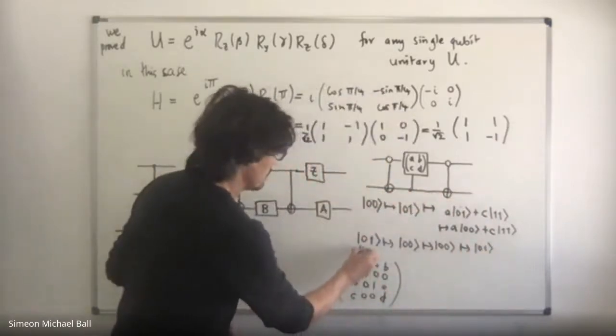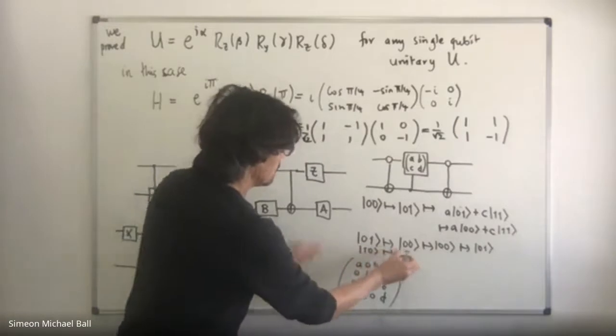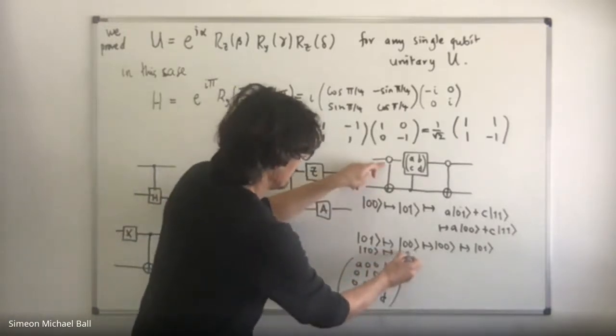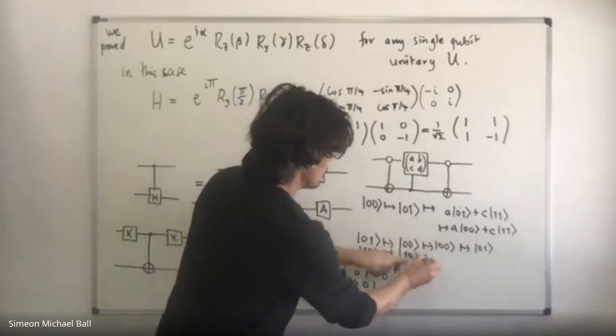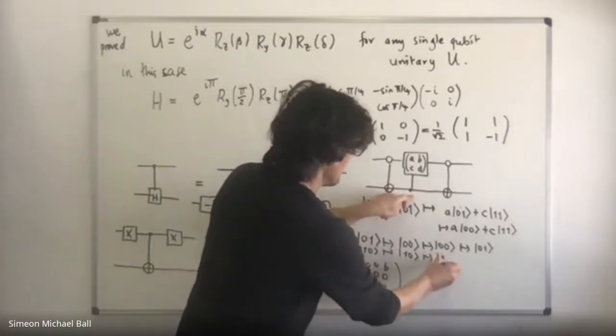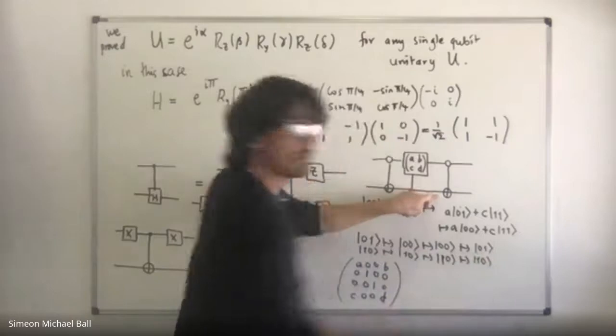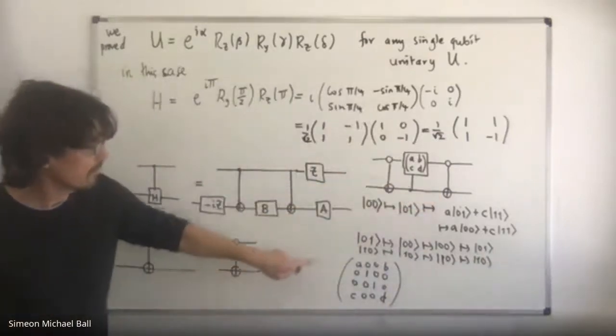And likewise with 1, 0. 1, 0. This is set, so nothing happens here. This is not set, so nothing happens here. And this is not set, so nothing happens here. So that just flies straight through the whole circuit untouched.